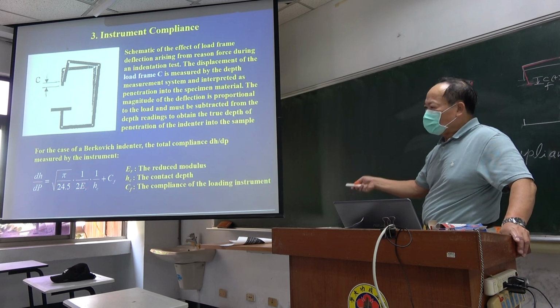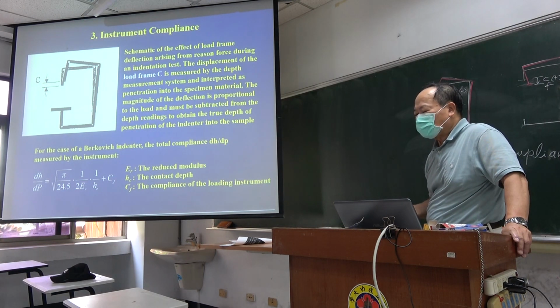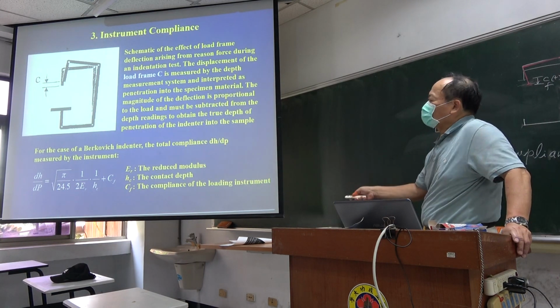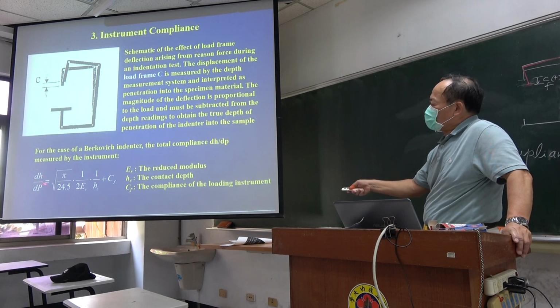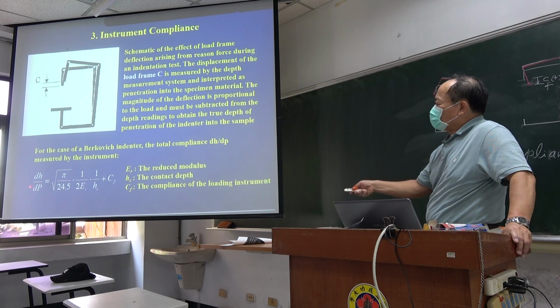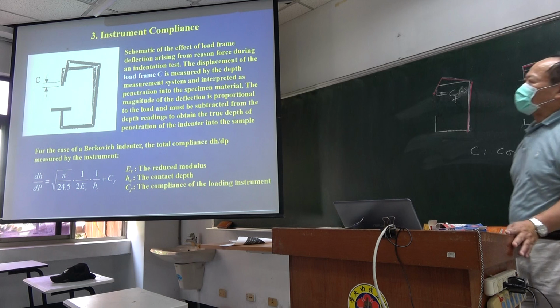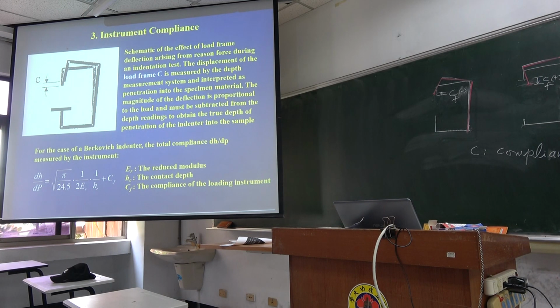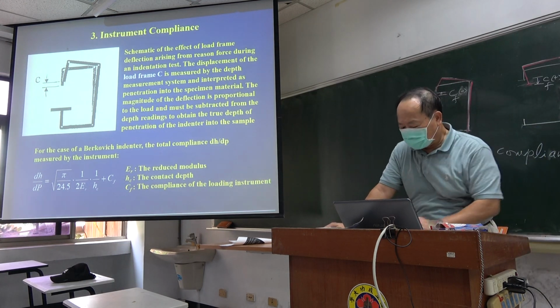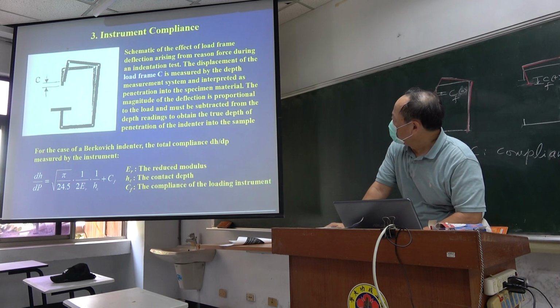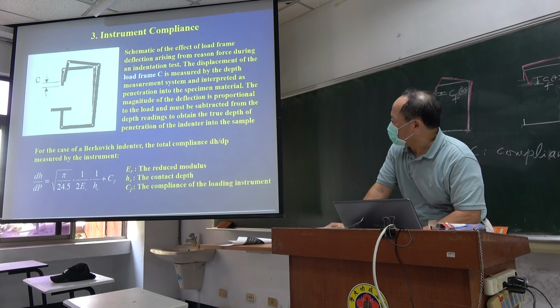This value is related to your material itself, not related to your frame. So dH/dP includes two terms, but this value minus this C_F is just the material compliance, 就是材料本身的这个柔性。So your instrument compliance may more or less influence the compliance of your material, but you want to obtain the compliance of your material.